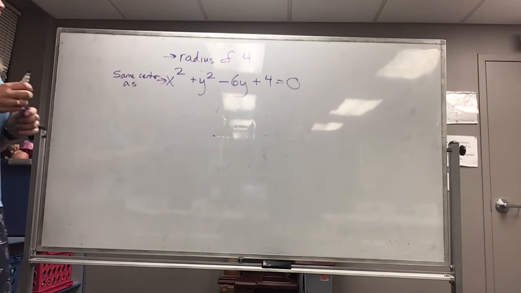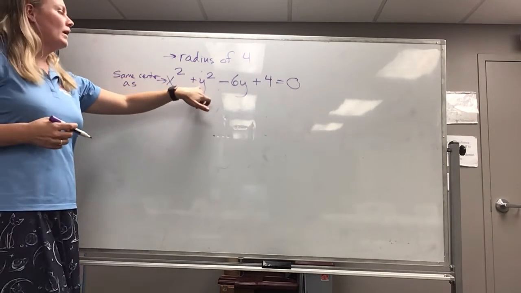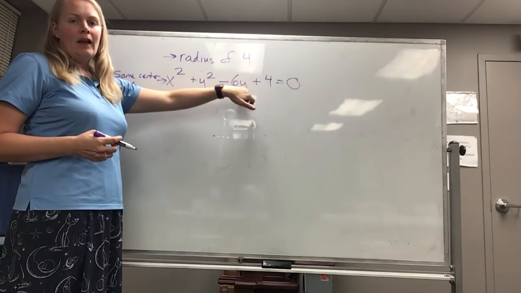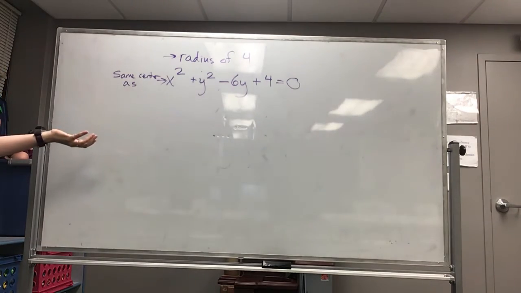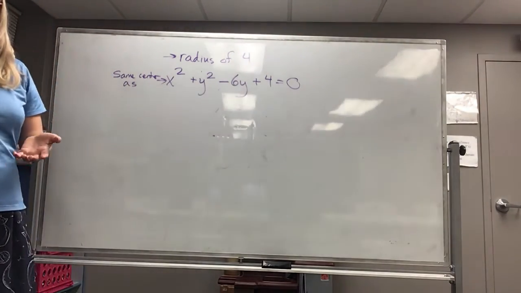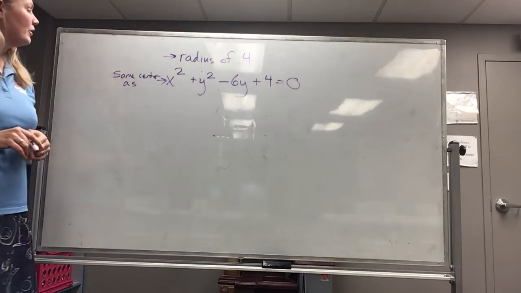Okay, so we have x squared, we have y squared, but we have another y. And so that is what's holding us from putting it into standard form. Otherwise, I just subtract 4 from both sides, but then we'd have a negative being the radius squared, and that would give us a whole other set of problems.